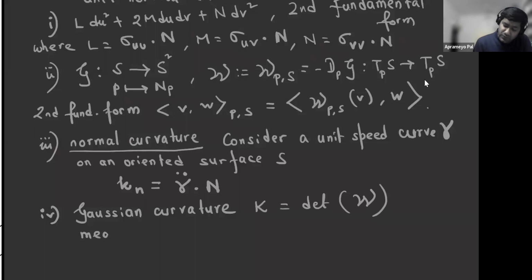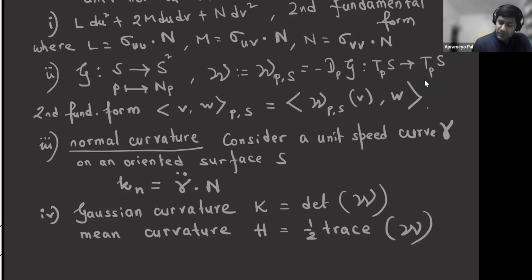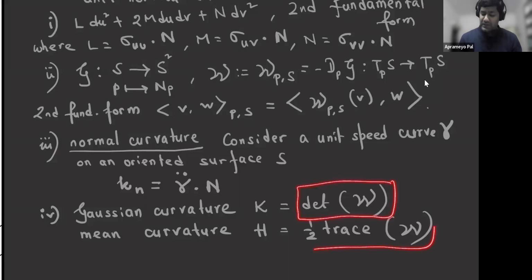Similarly, we defined a mean curvature, denoted by H, as half the trace of W. This makes sense because W is a linear map, so we can get a matrix associated with it, and then take the determinant and similarly the trace. In this chapter we saw how to compute it explicitly in terms of the matrices given by the coefficients of the second fundamental form and the first fundamental form.